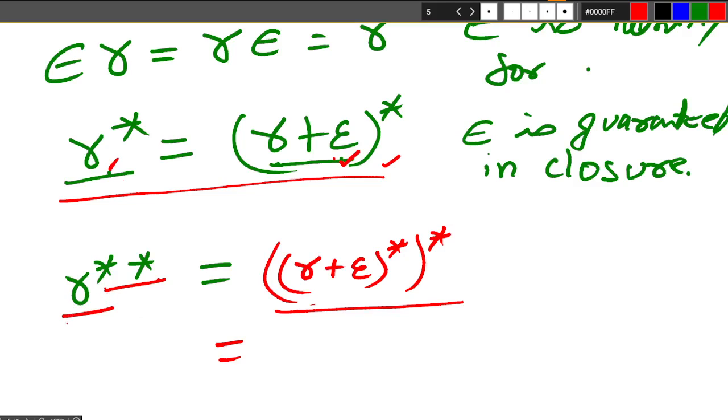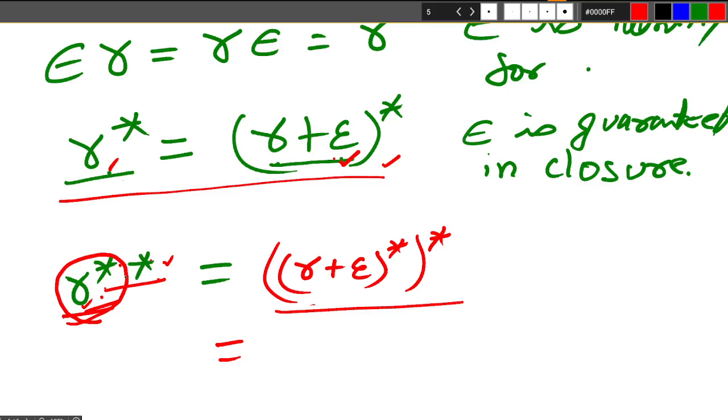Okay. So if you have R star and you perform a star upon it, it cannot generate more strings, since R star has already generated all the possible strings of R, any combination of R. So if you have any extra Kleene closure on it, it cannot generate anything new.